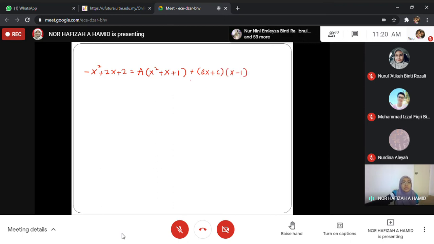Saya copy the numerator. So you boleh solve using comparing coefficient or you nak solve using substitute values, substitute suitable values of x.